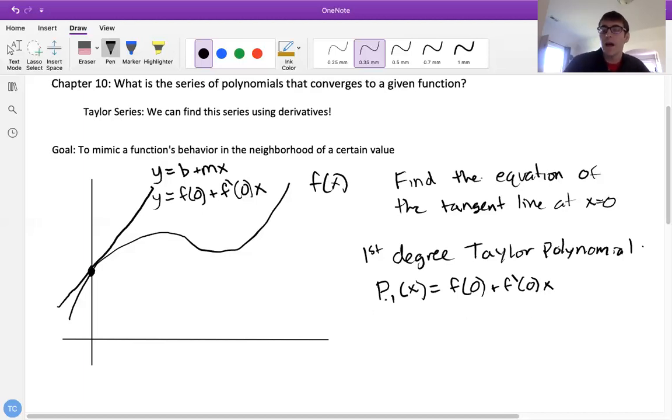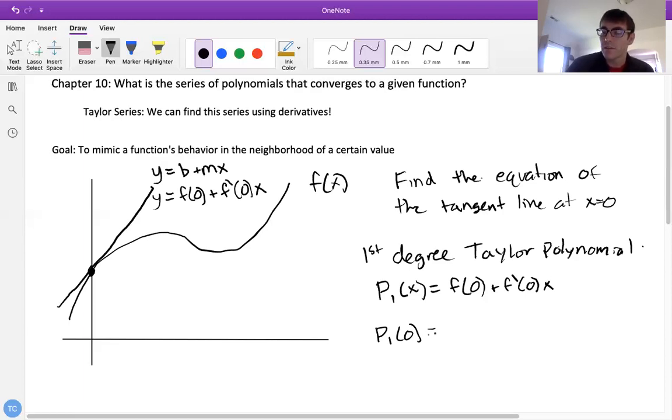What I want to point out is that this is a function. It's the function that is the line that's the same as this y equals mx plus b from before. And this polynomial matches its value and its slope to f of x. In other words, if we were to take our polynomial and evaluate it at 0, we're plugging in 0 for x.